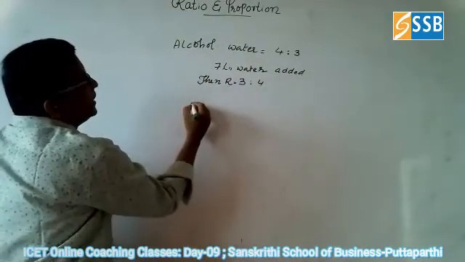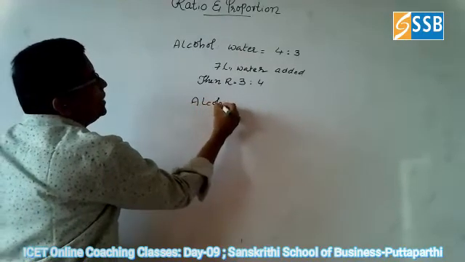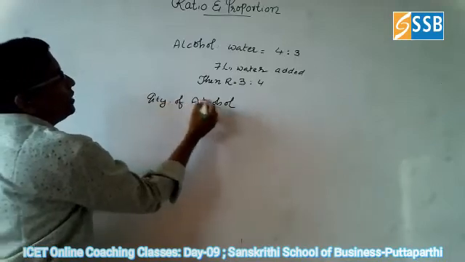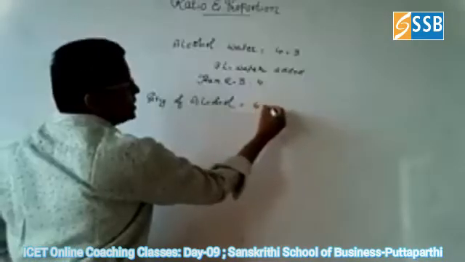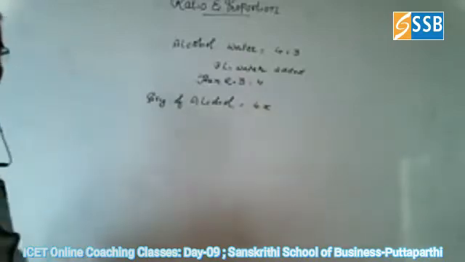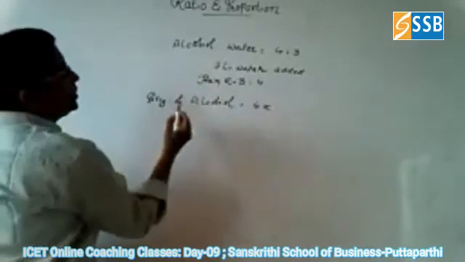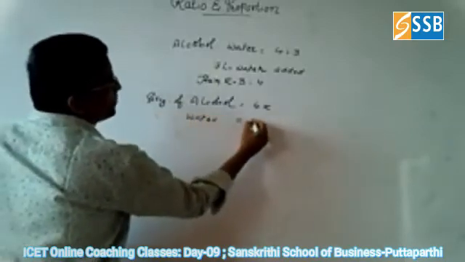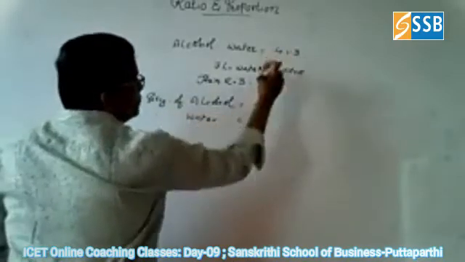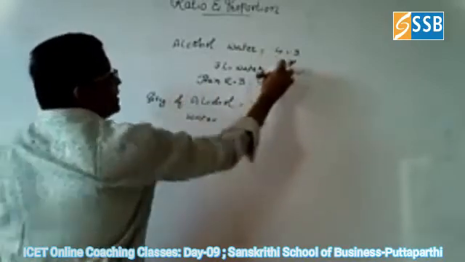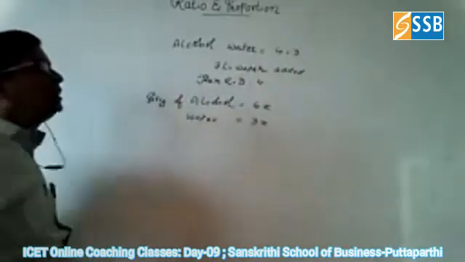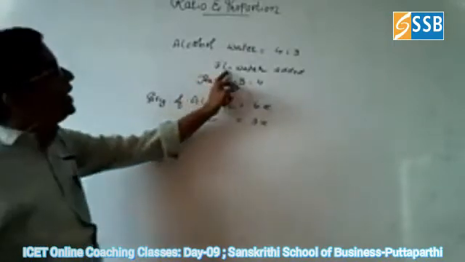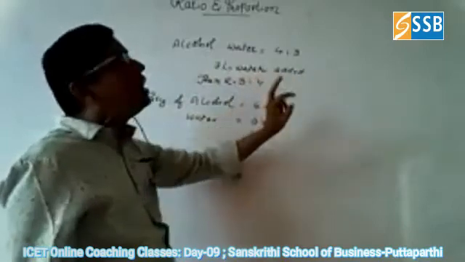I am just taking the quantity of alcohol as 4x, and the quantity of water is 3x. 4 parts alcohol and 3 parts water. Now you are going to add 7 liters of water.